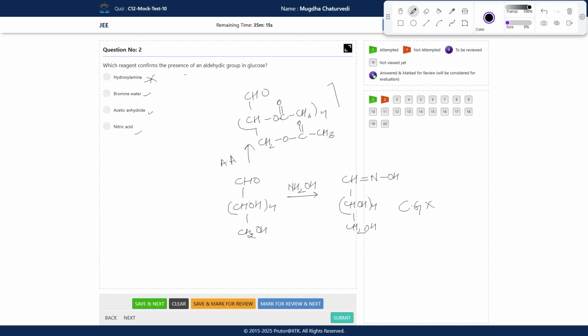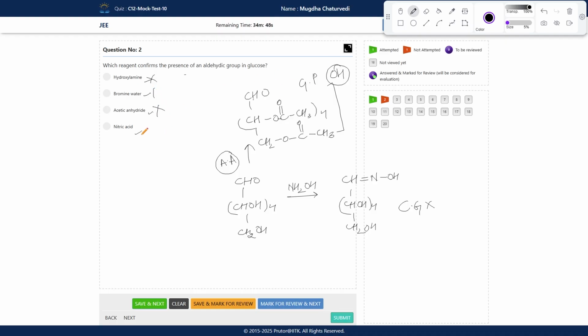This is the formation of glucose pentaacetate. So when glucose reacts with acetic anhydride, we form glucose pentaacetate, which confirms the presence of the hydroxyl group, which is the OH group. That means this option is also not right. So acetic anhydride is also wrong.